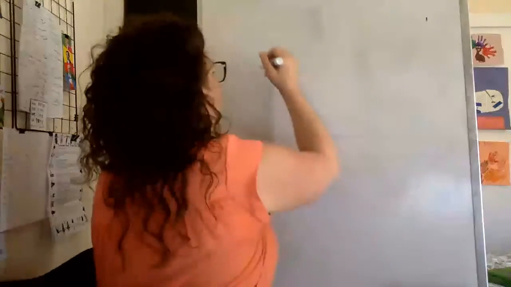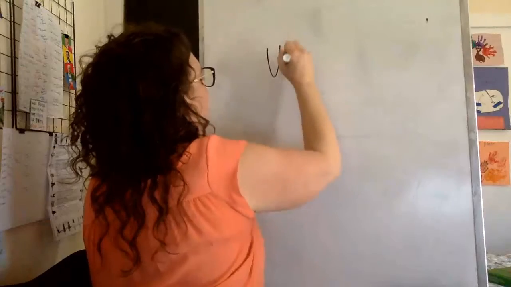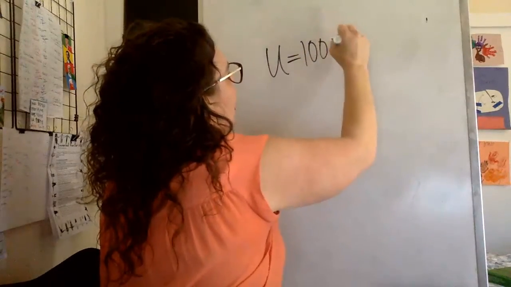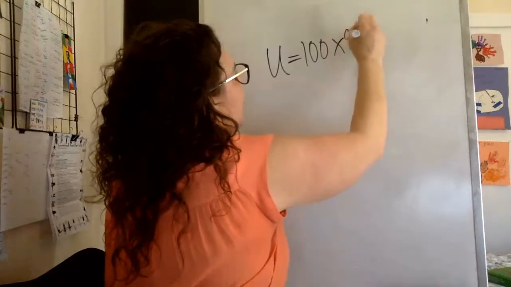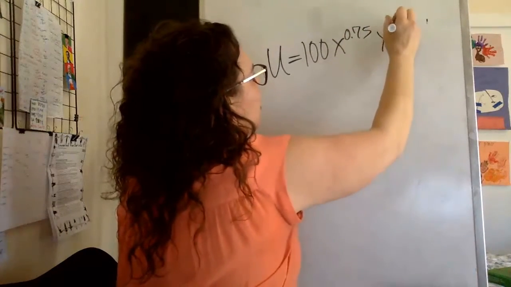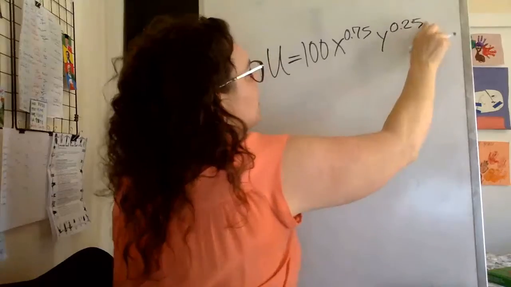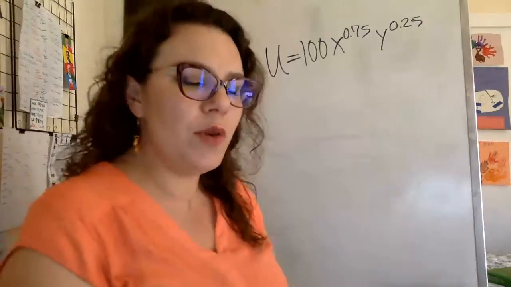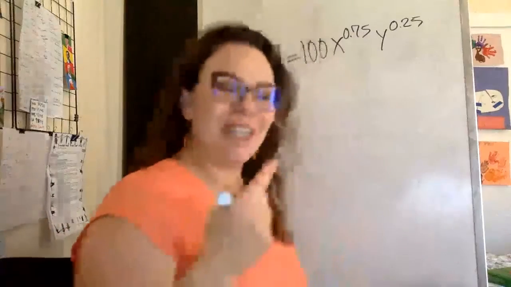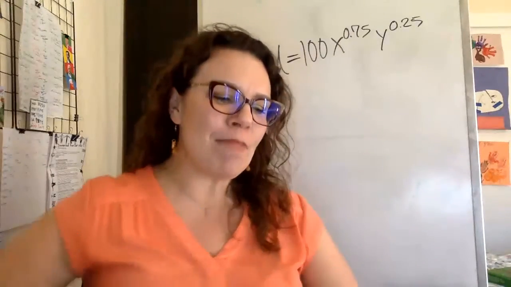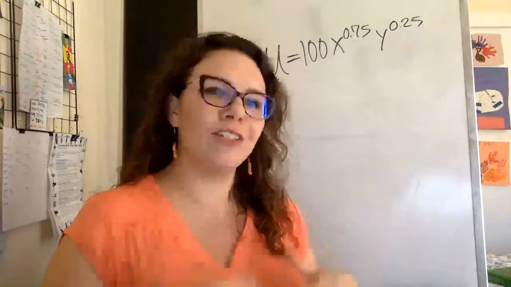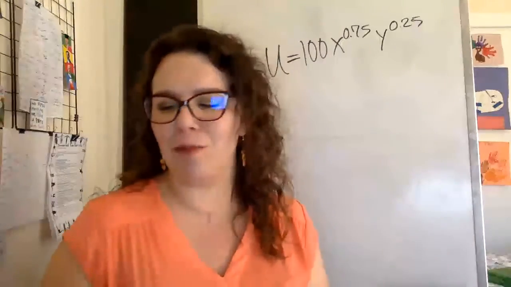So this Cobb-Douglas utility function says that the utility is equal to 100 times x to the 0.75, y to the 0.25. And that's what makes it Cobb-Douglas, the two exponents add up to 1. And you can see Cobb-Douglas production functions too. They're weird because they're exponential, but there are also some cool tricks for solving Cobb-Douglas problems.